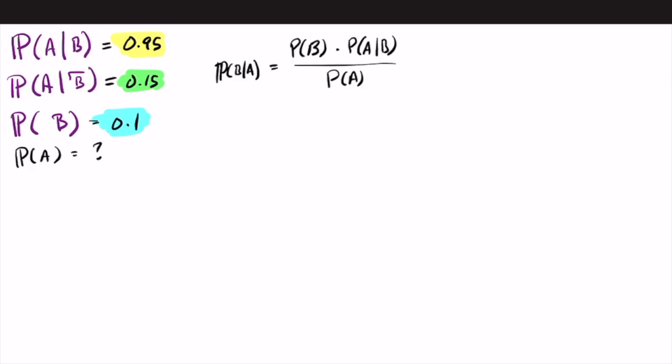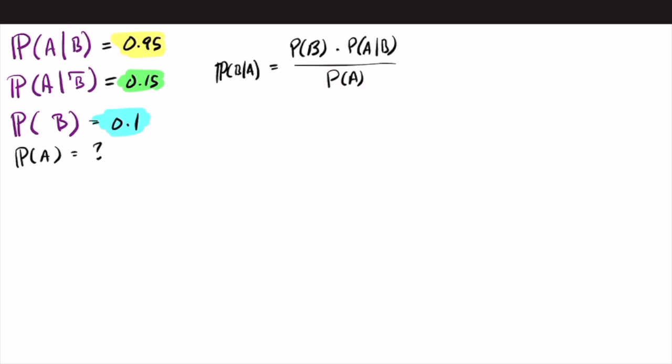So we can fill in this stuff, right? We have that. We don't have this, so we're going to have to use the law of total probability and the multiplication rule to expand this out into individual terms. There's a lot of stuff packaged in here. We'll unpackage it and then we'll be able to solve it.